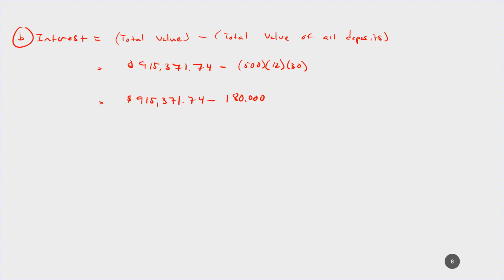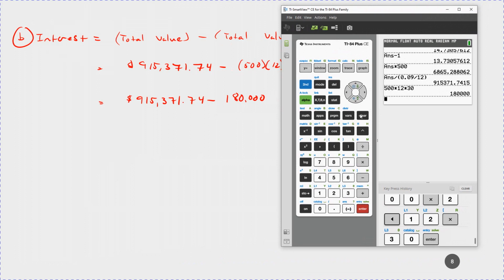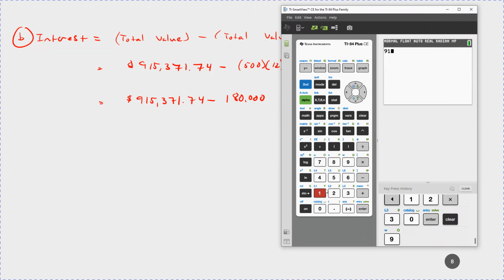You made a ton of money on interest here, so much money in interest: $735,371.74.